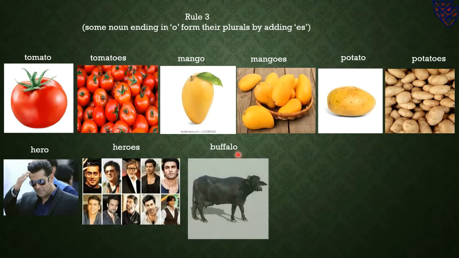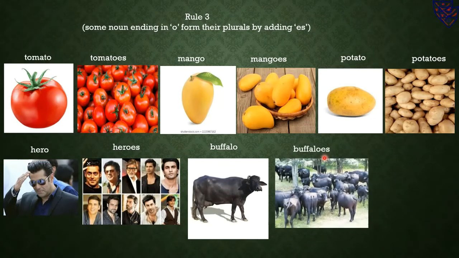Here also you can see at last o is there. So to convert this singular into plural, we have to add es at last. Buffaloes. So students, if o comes at last, at that time we have to put es to convert singular into plural.